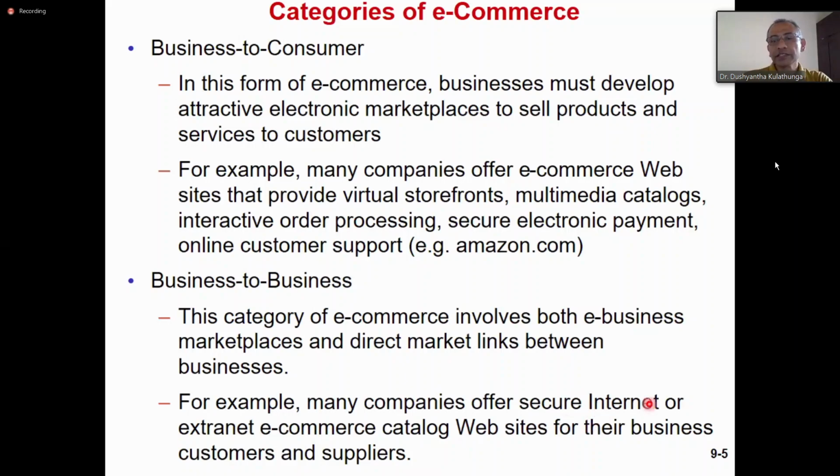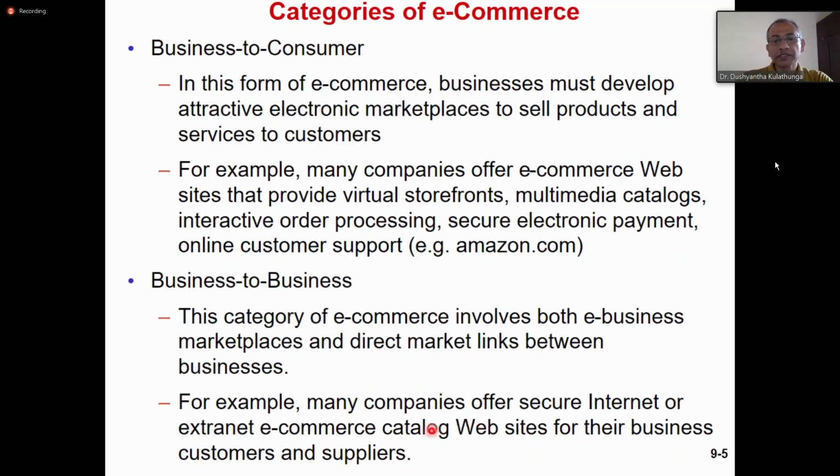They can provide secure internet or extranet e-commerce catalog websites for their business customers and suppliers, indicating that if there is a business seller, the other business buyers can go to the website of the business seller.